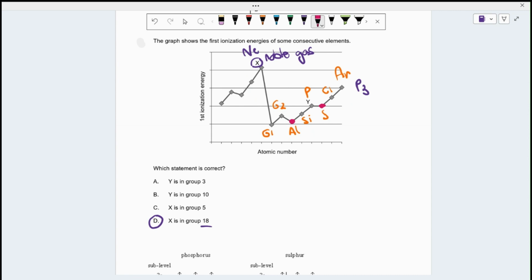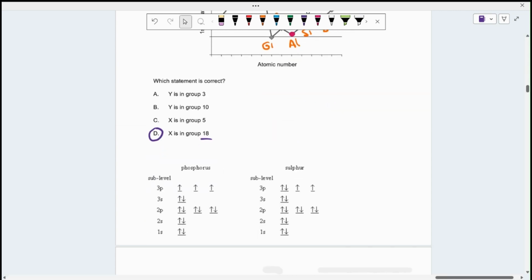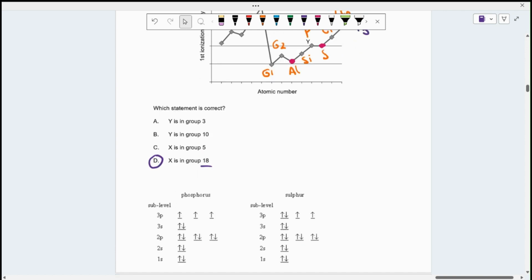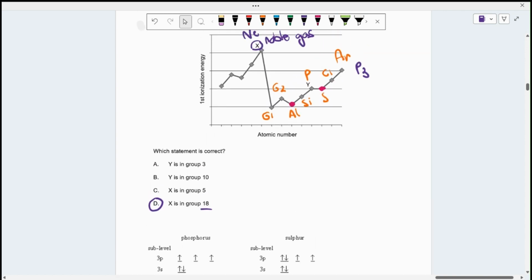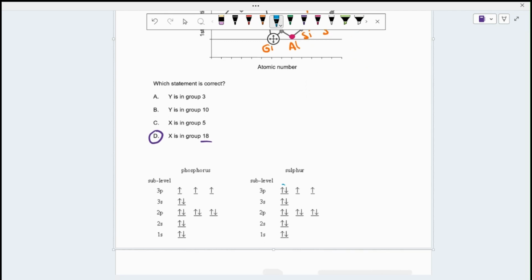And then on to the next one, the sulfur versus the phosphorus. I think that's really well illustrated by this diagram here. So sulfur is ever so slightly lower than phosphorus. And that is because of this here.